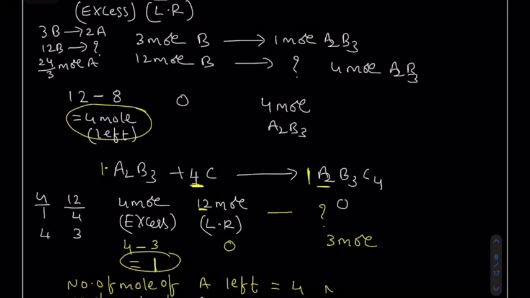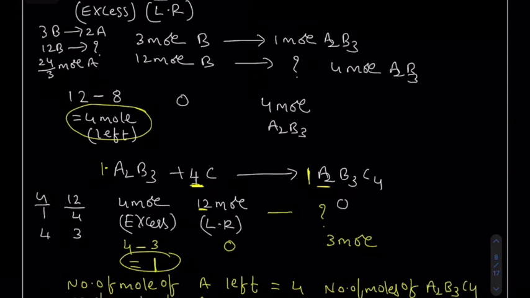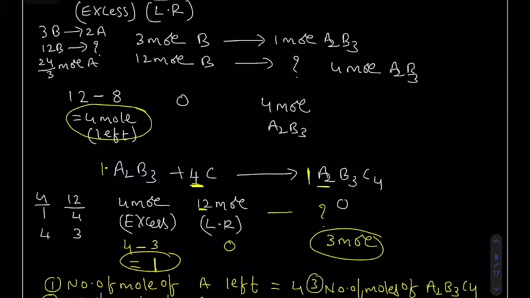Now finally, number of moles of A2B3C4 formed will be 3 moles. So this question may be given in multiple choice also, because there are 3 different options we have. All these 3 options are correct.